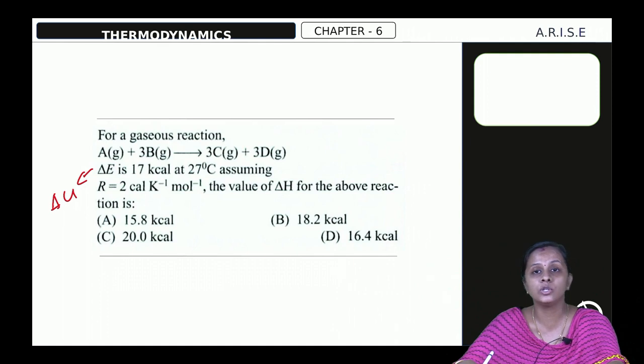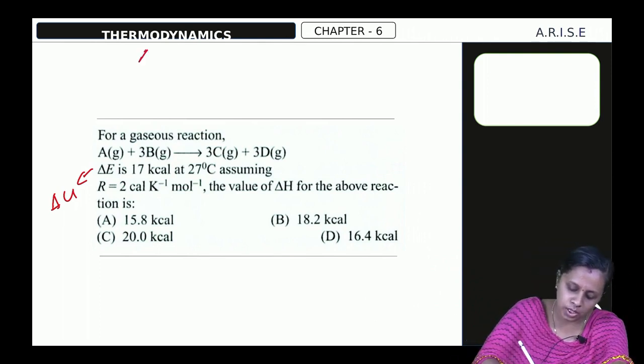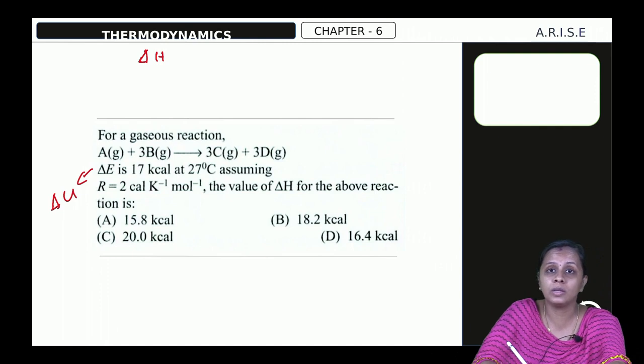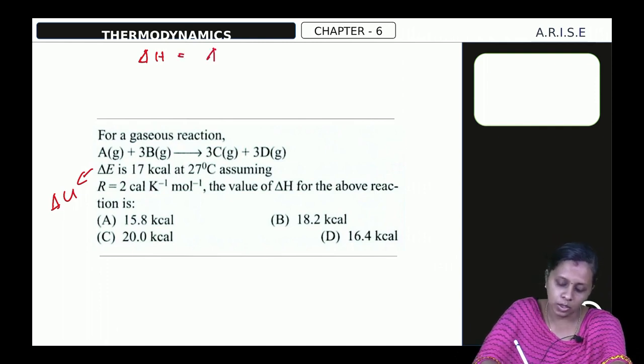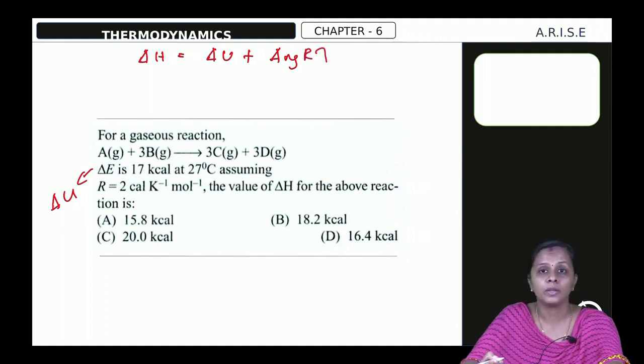Here also it is a relation between what? Delta H and change in internal energy. So delta E can be represented as delta U. So what is the equation? The same equation that we used in the previous question. So delta H is equal to delta U plus delta Ng RT. Okay. So here we can do it.